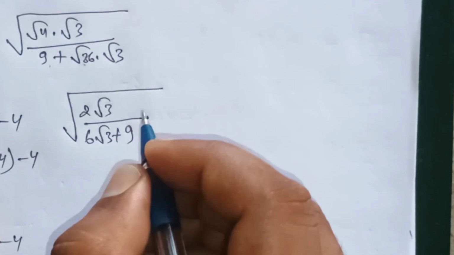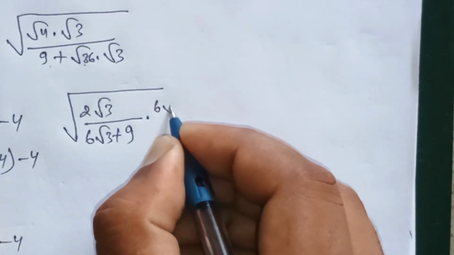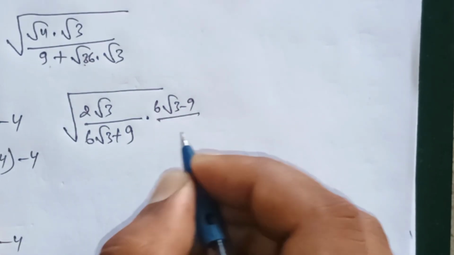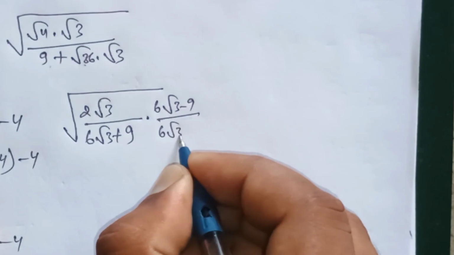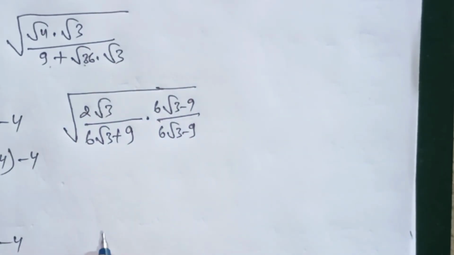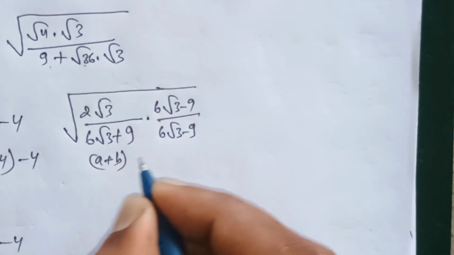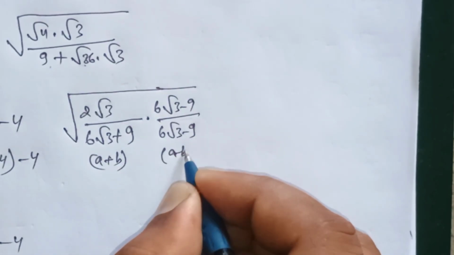After that we multiply the numerator and denominator by 6 into root 3 minus 9. This is in the form of a plus b, and this is in the form of a minus b.